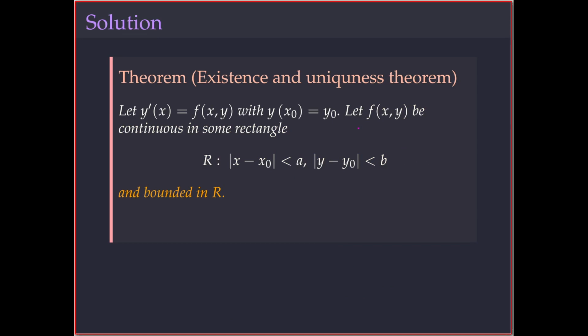So I want the function to be continuous and bounded in some open rectangle. Then we say the solution of the ODE exists. So this says that if the function is bounded and continuous in some open rectangle, then the solution will exist.